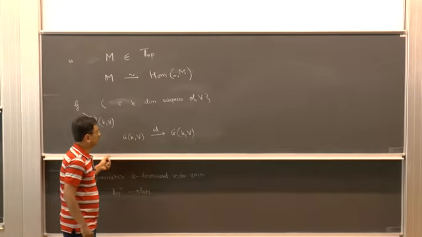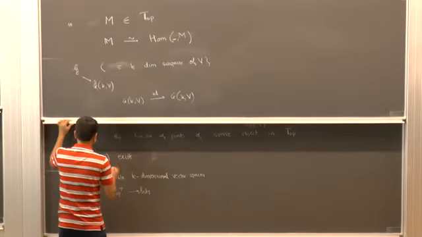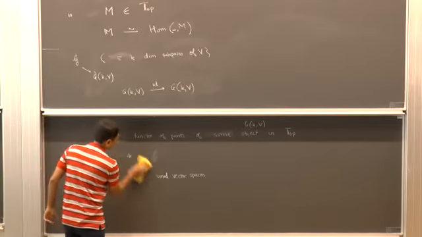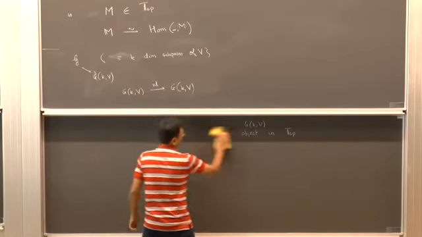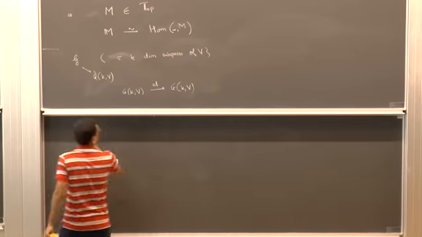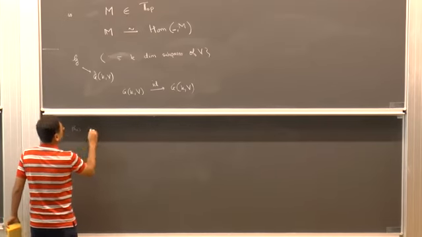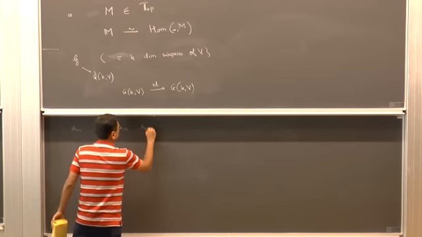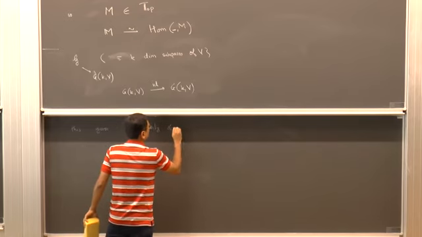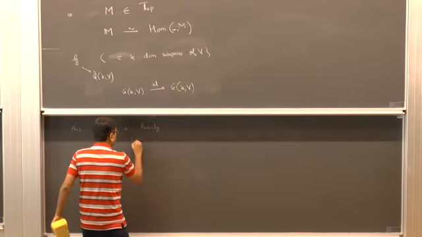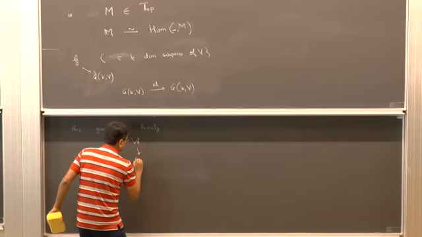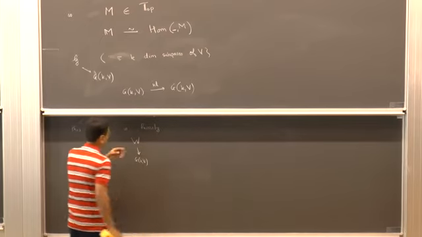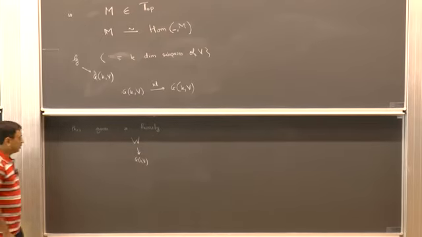So this identity map gives a family of k dimensional subspaces, W over G(k,V). This sits inside G(k,V) cross V. So I have a family, and this is called the universal family.